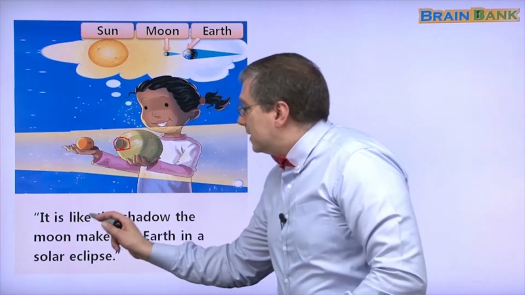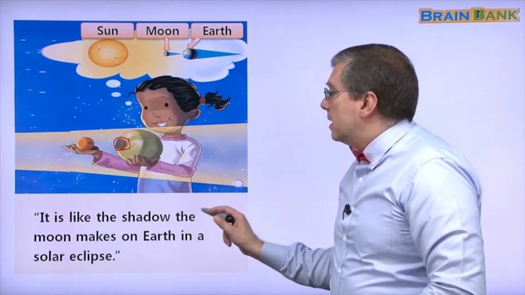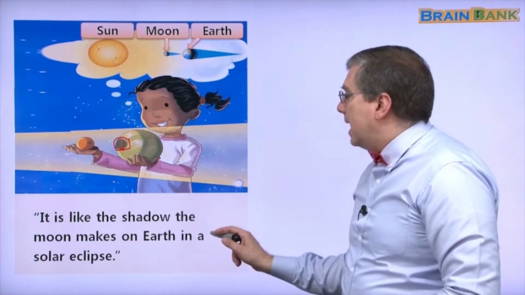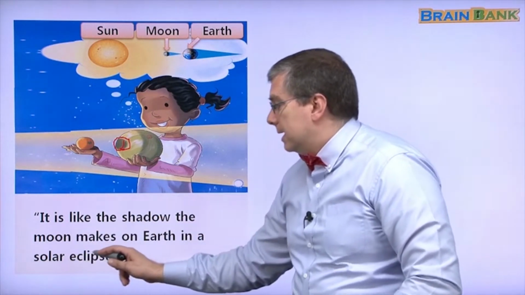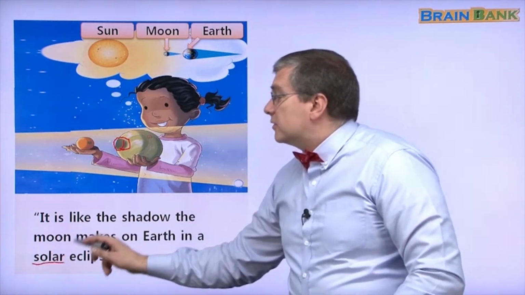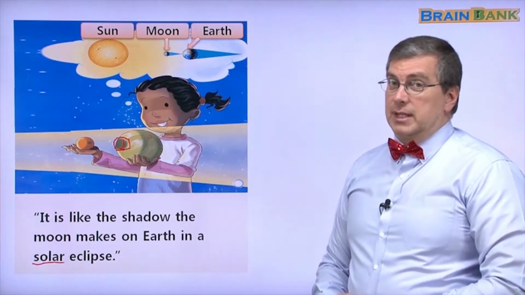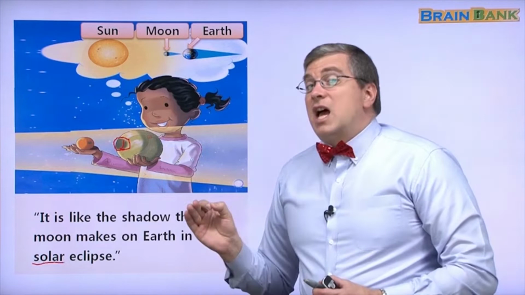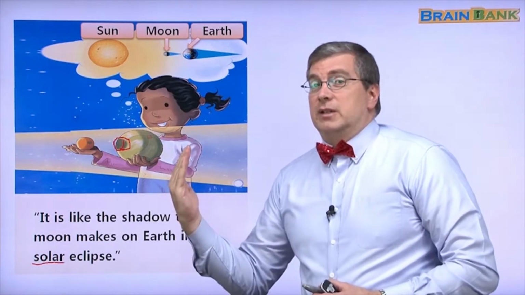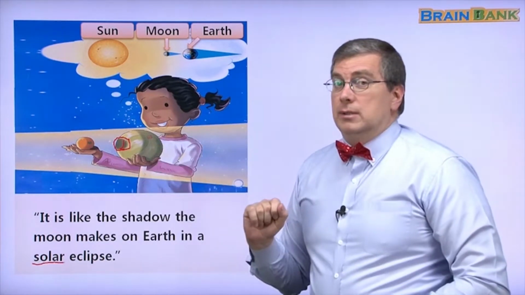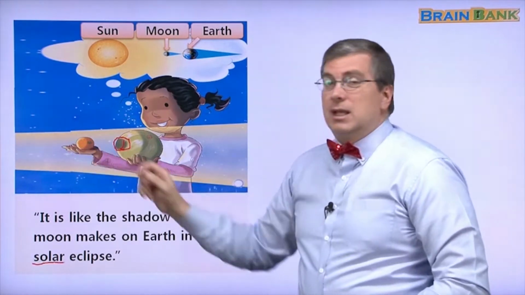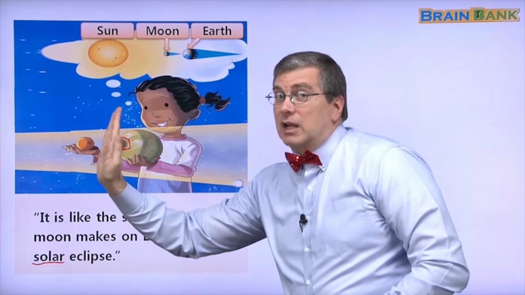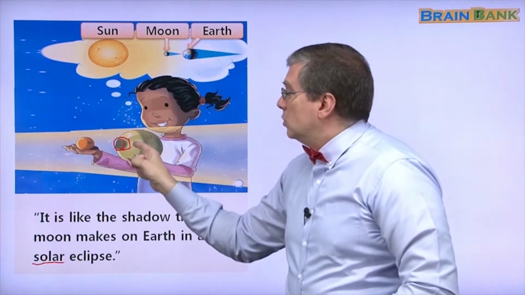It is like the shadow the moon makes on Earth in a solar eclipse. In a solar eclipse, the light from the sun is blocked, stopped by the moon.